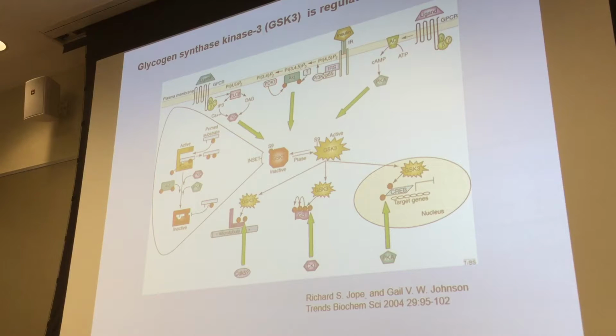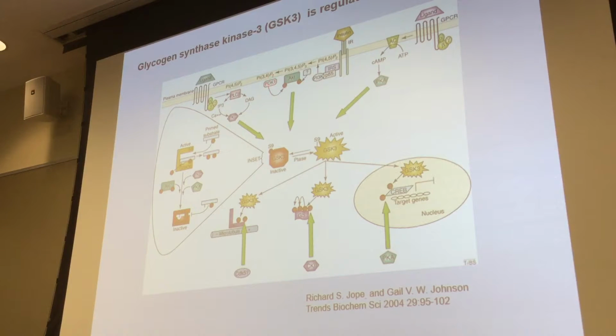This is the pathway by which our AKT can inhibit. So AKT is one of those proteins that has a plextrin homology domain and can bind to our lipids that have just been phosphorylated. And when it does, it is called to the membrane. It binds to phosphatidylinositol 3,4,5 polyphosphate.